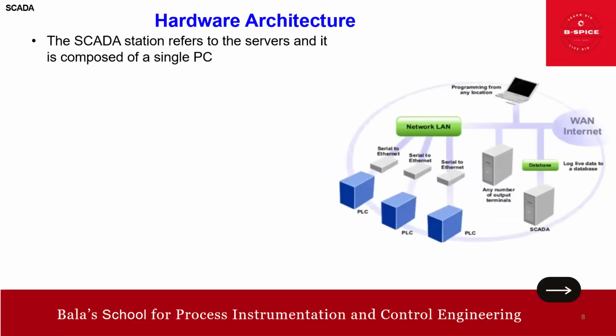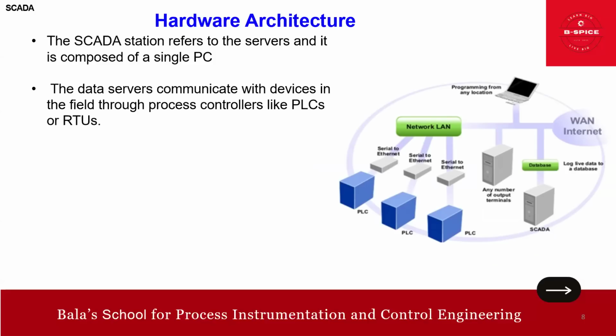Now, few more to add on. The SCADA station refers to the server and it is composed of a single PC. The data server communicates with the devices in the field, all our field transmitters, through process controllers like PLCs or RTUs.